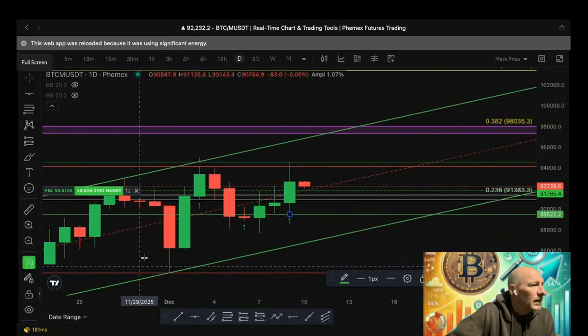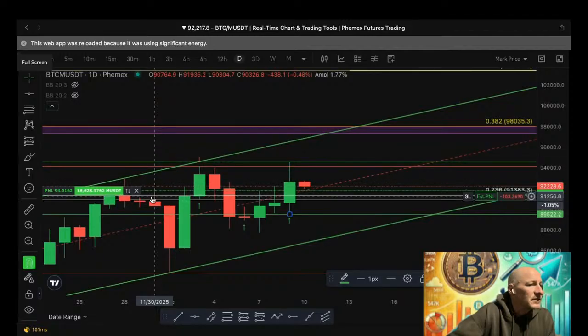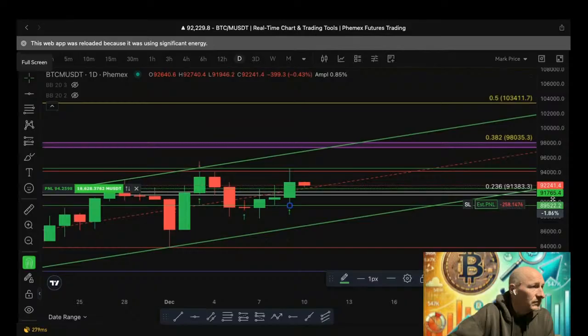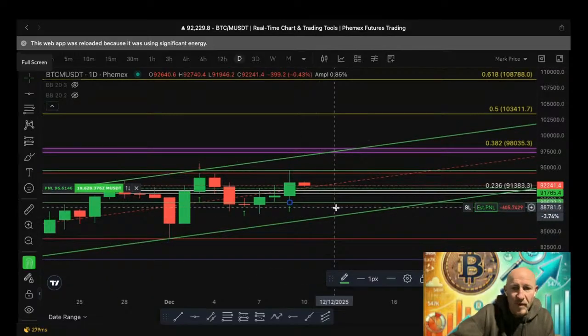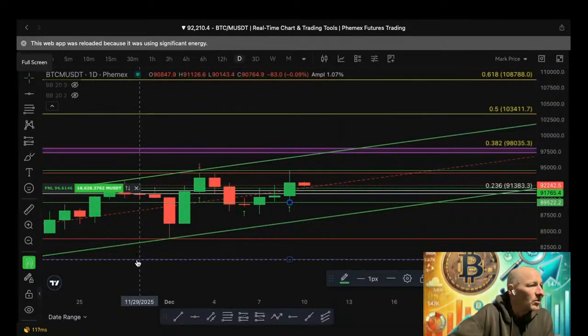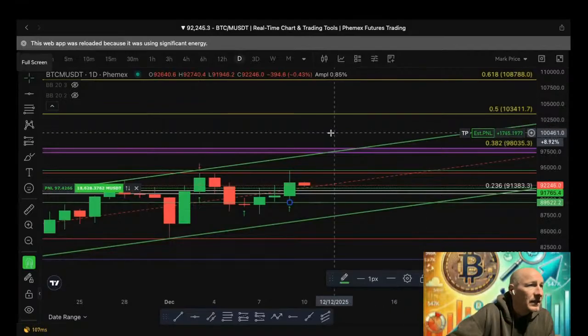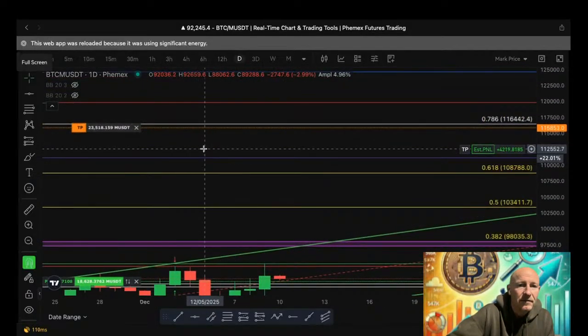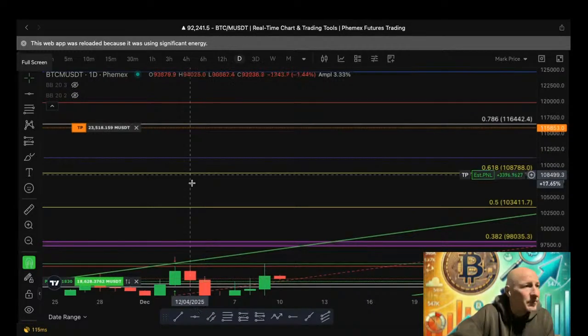Let's zoom in a little bit. So this purple line here is the low of last month, and this purple line right here is the high of last month.